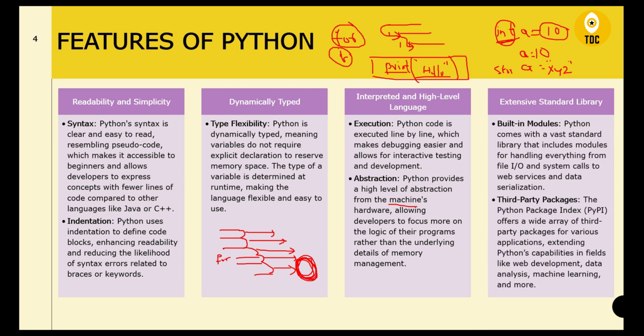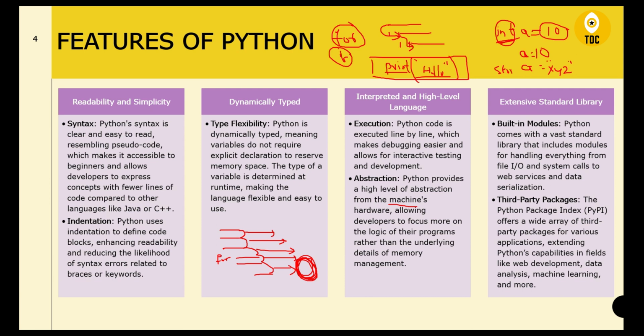The next thing is that it has extensive standard libraries. If you are already using Python, you might know that Python comes with a very vast set of libraries that includes file handling, input output, system calls, web services, and data serialization, and whatnot.